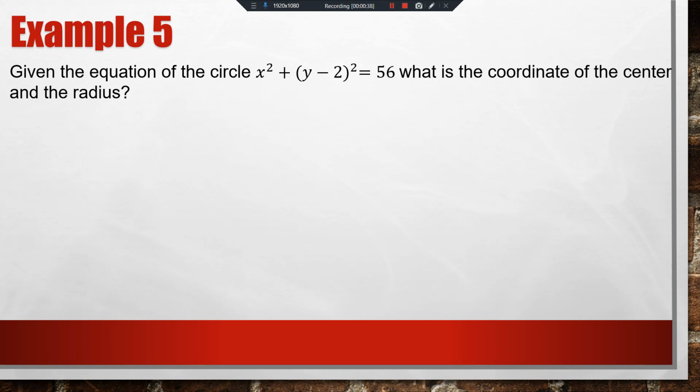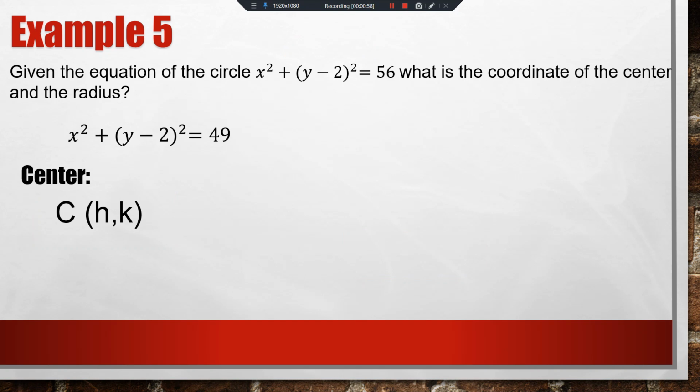As we all know, this equation is in the (h, k) form. So your center is (h, k). Once again, your h is in the x, k is in the y.